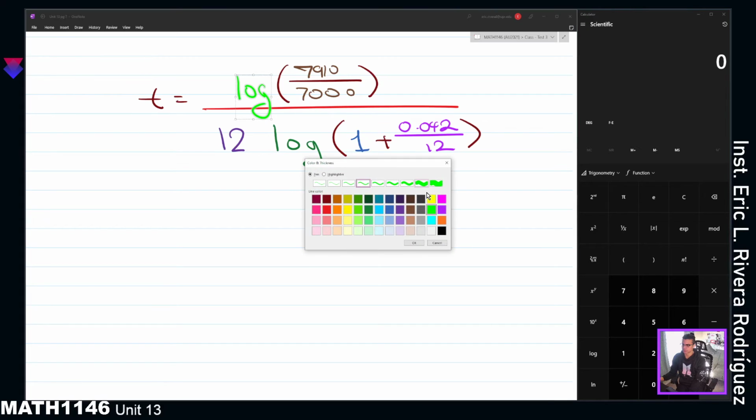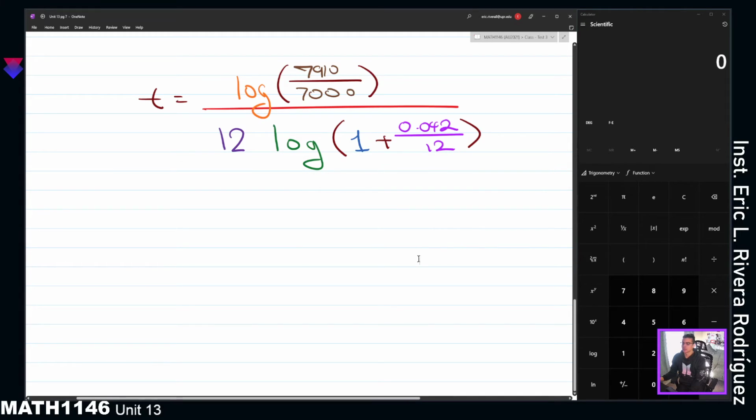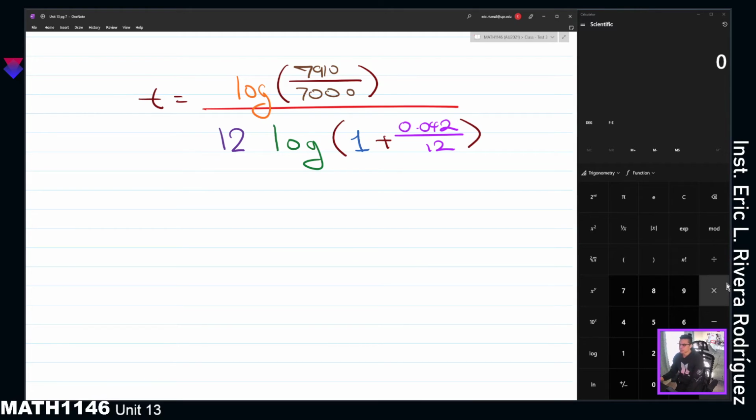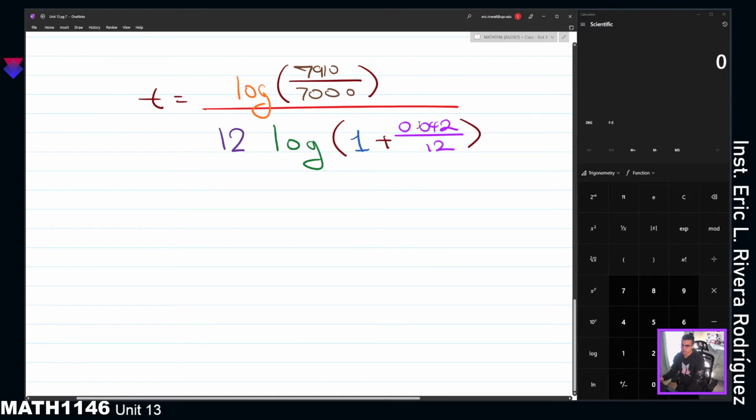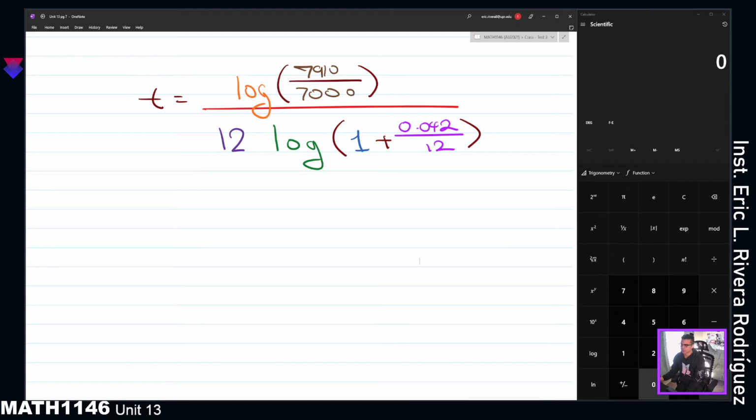Alright, so we start. I'm starting with 0.042 divided by 12, which is 0.0035, plus 1, log, times 12. So that whole value is what I have on the denominator.